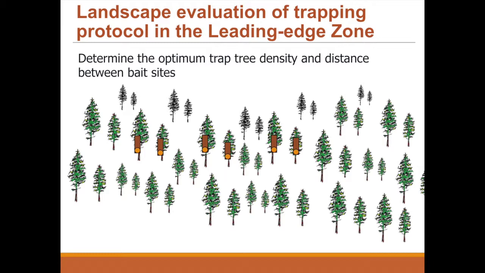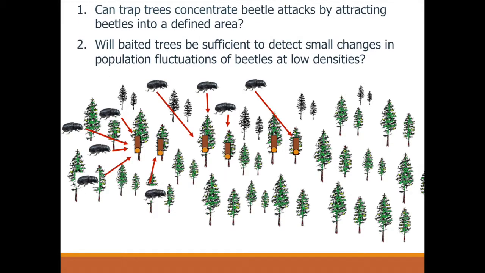and distance between baited sites, we'll be able to get at 4 main research questions. And the first one is, can this baited trap tree protocol concentrate beetle attacks by attracting beetles to a defined area?